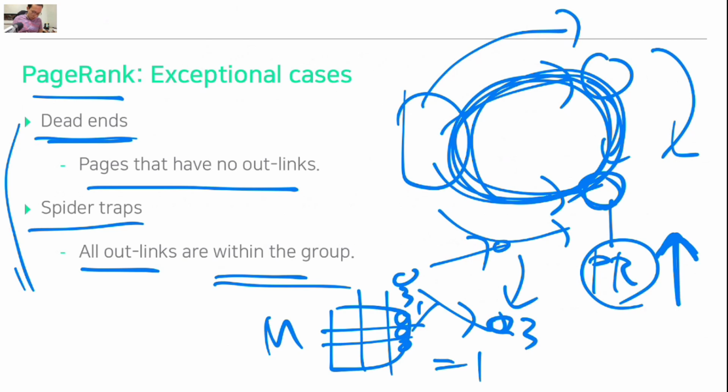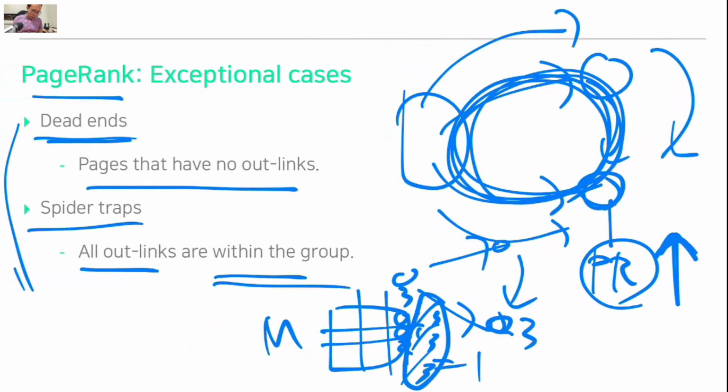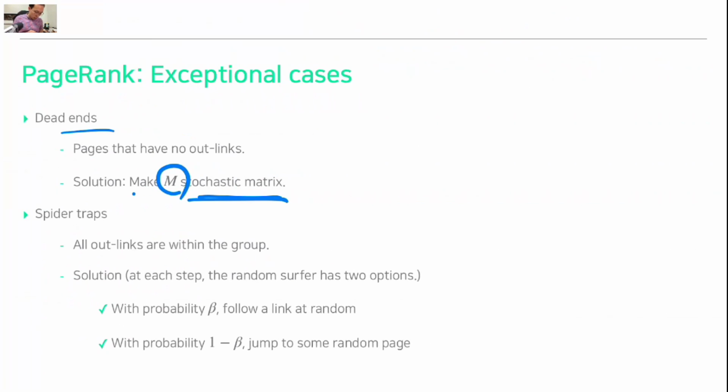some artificial values to avoid this. Even though this is not the real outlink information, we put this to make the assumption valid. At the same time, we don't have dead ends.